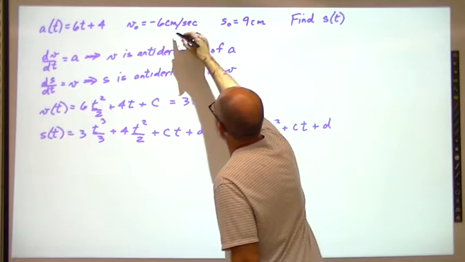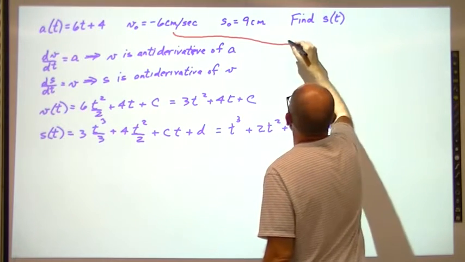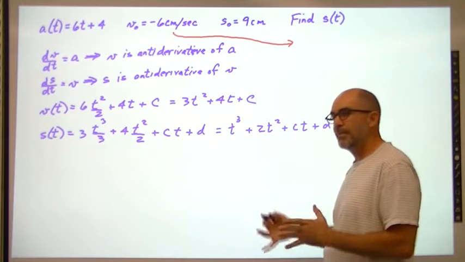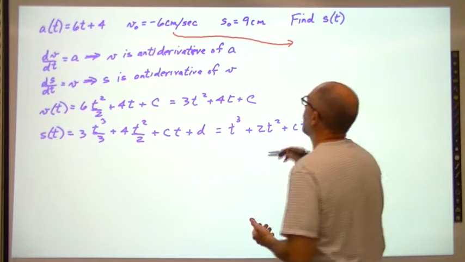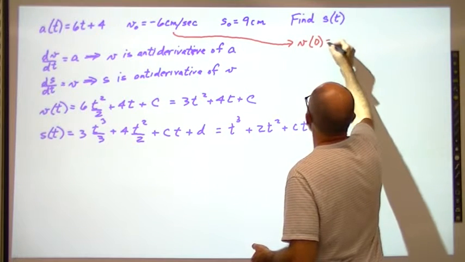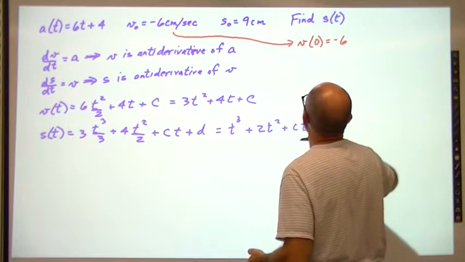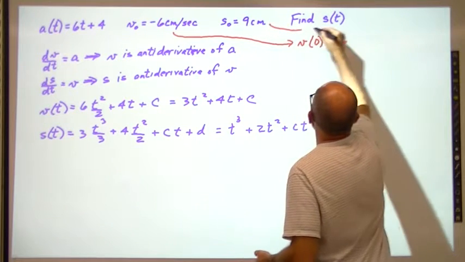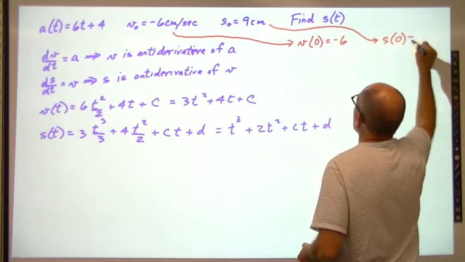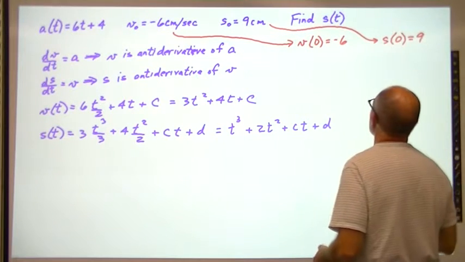But this is what we're going to use our initial conditions for. Because if the initial velocity is negative 6, initial means at the beginning, which means when t equals 0. So what I can say is this is v of 0 equals negative 6. And initial displacement is saying s of 0 equals 9.